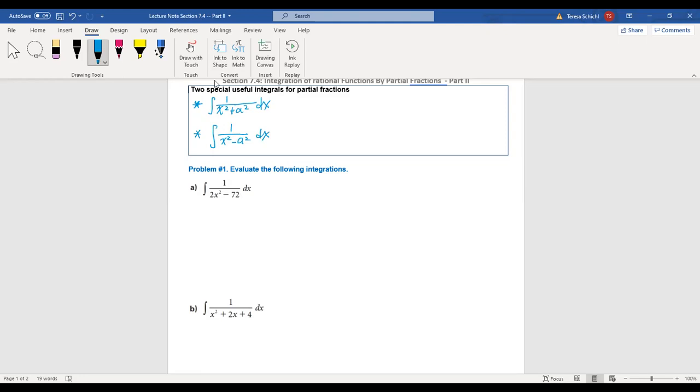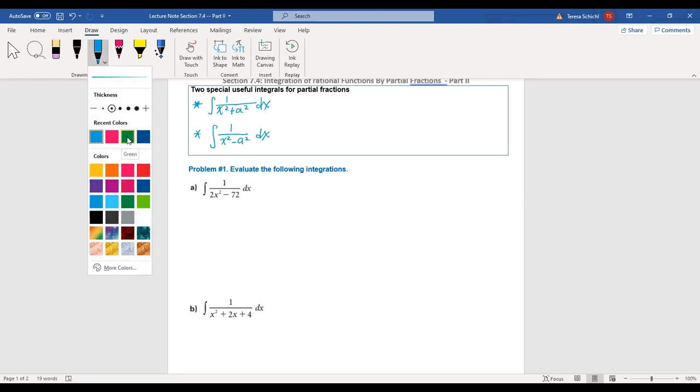If you remember, the lecture before the partial fractions, lecture number 8, I think, we talked about the trig substitutions.